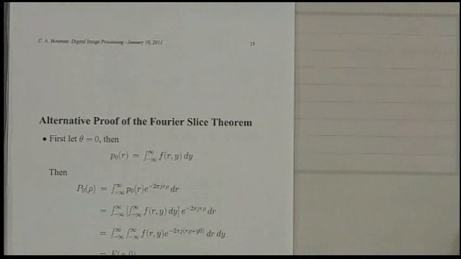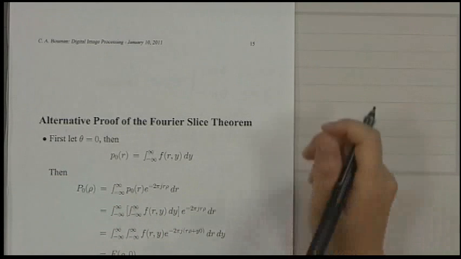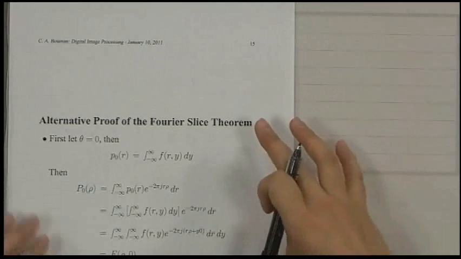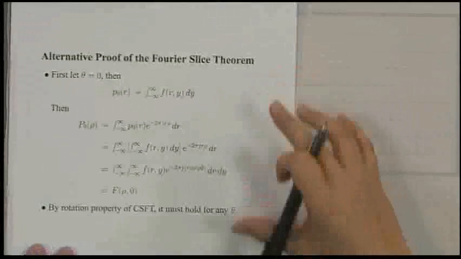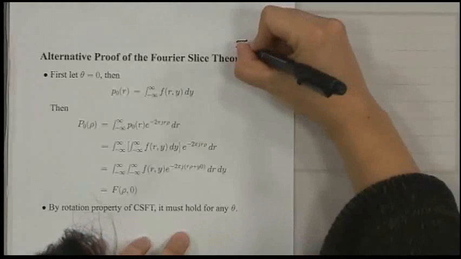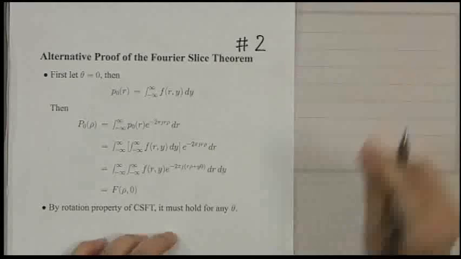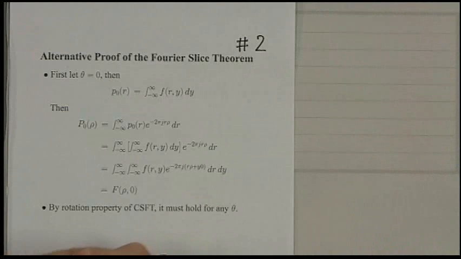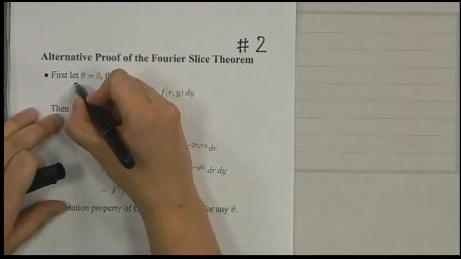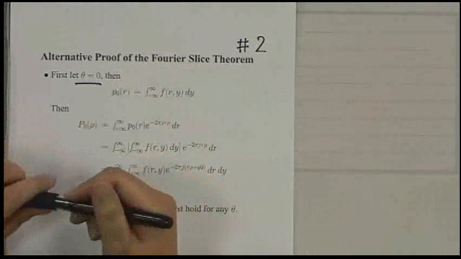And the second proof is more compact, simpler, and maybe more beautiful, probably. If somebody asks you to prove the theorem, maybe you might want to use this one because it's easier. This is proof number 2. In this one, we prove just one case of the Fourier slice theorem. We consider the case theta equals 0.